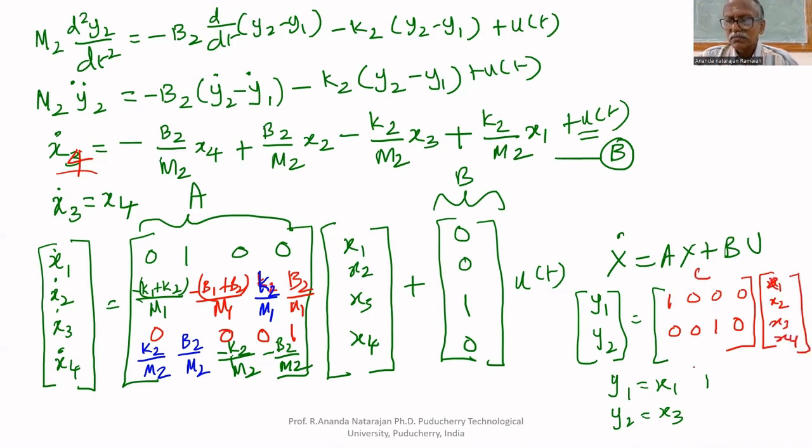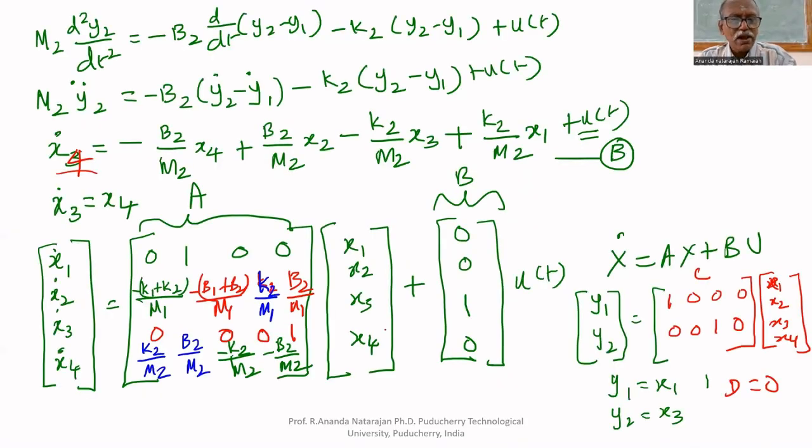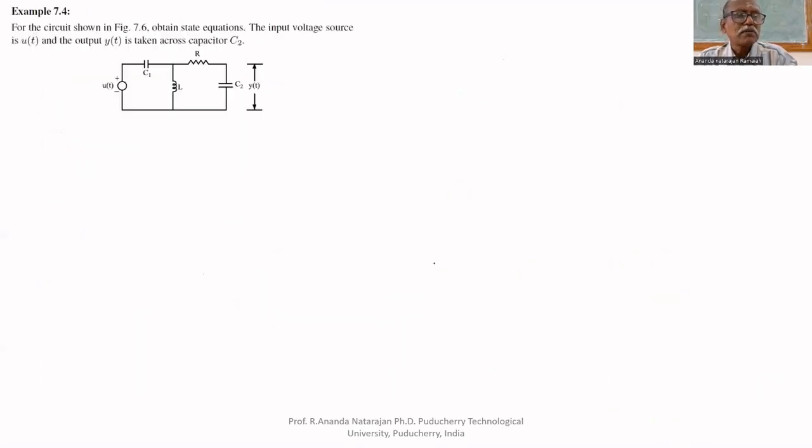This is the C matrix. The D matrix is 0 in this case. Y1 equal to X1, that is the displacement. Y2 is X3. That's all about this sum. So we wrote it in state space model.